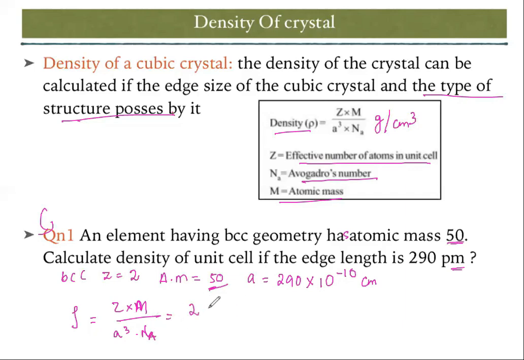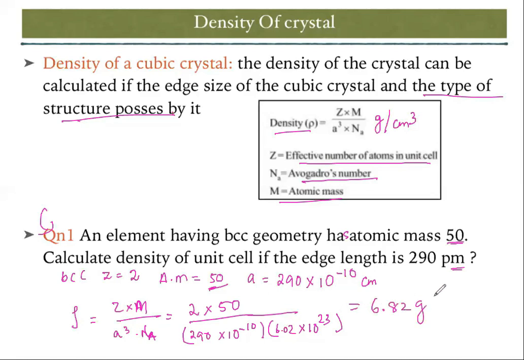Z is 2, atomic mass is 50, edge length is 290 × 10⁻¹⁰, into Nₐ, Avogadro's number, that is 6.02 × 10²³. Now solve this value, you will get 6.82 gram per centimeter cubed.